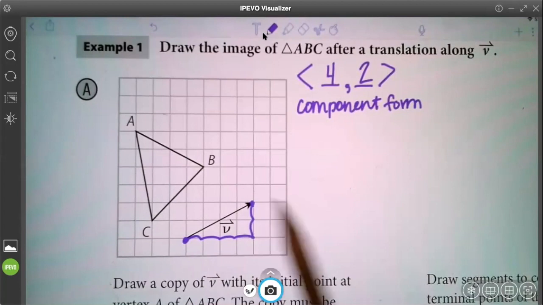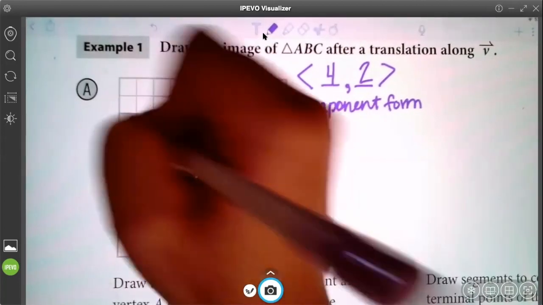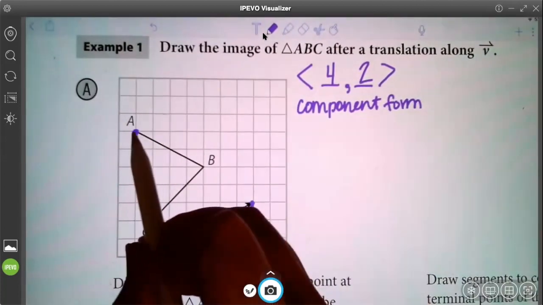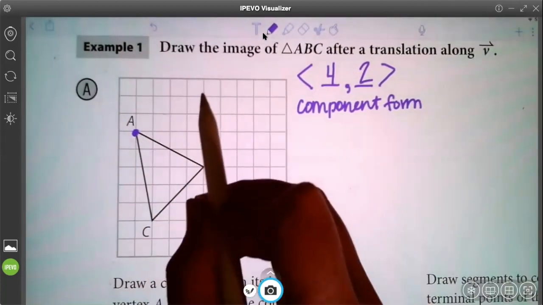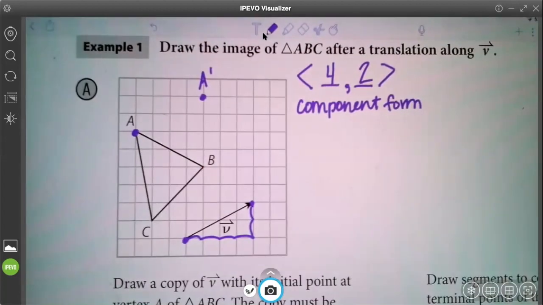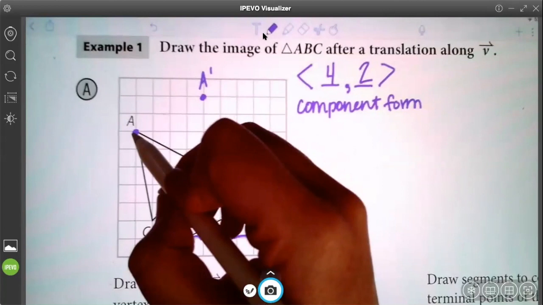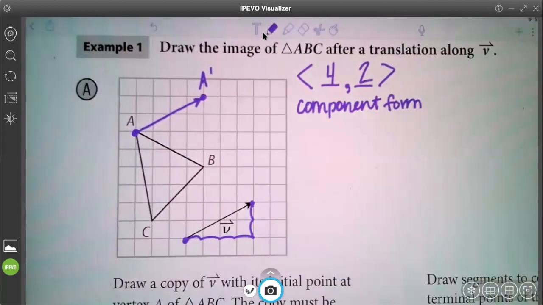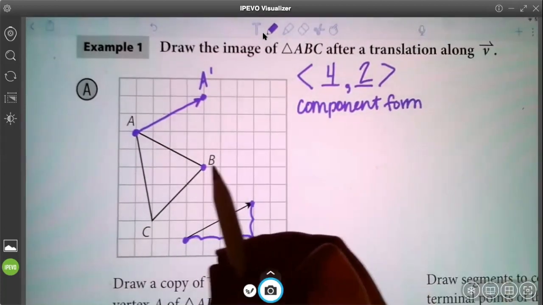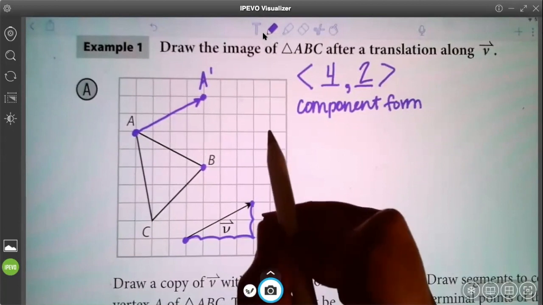So what we'll do to translate triangle ABC along vector V is we will figure out where our terminal points need to be. So I'm going to go right 4 and up 2, and I'm going to put A prime because that's the new name of this point. It has been moved. My vector looks like that. We need to use the same vector for initial point B. We're going to go right 4 and up 2.